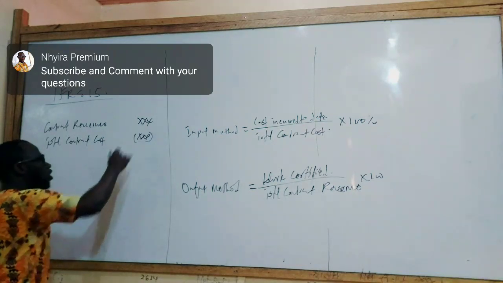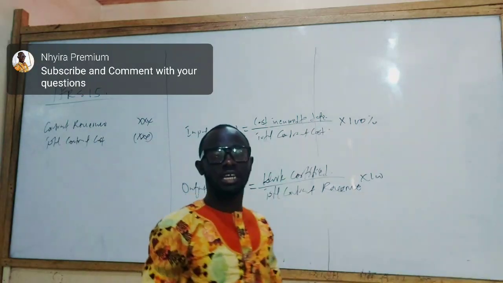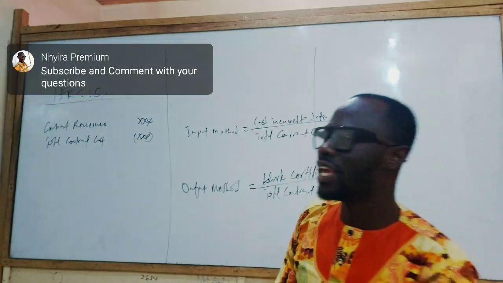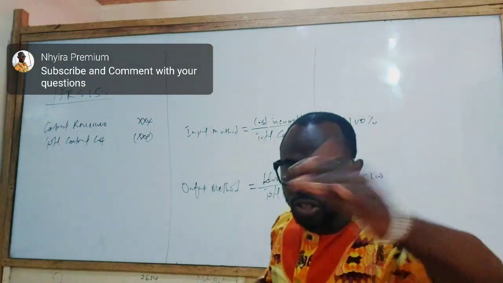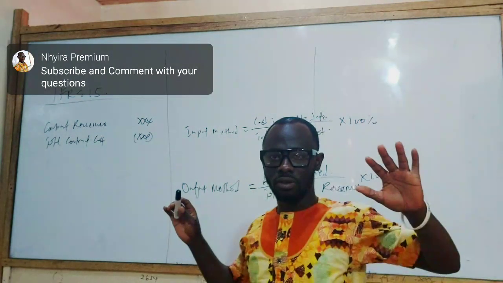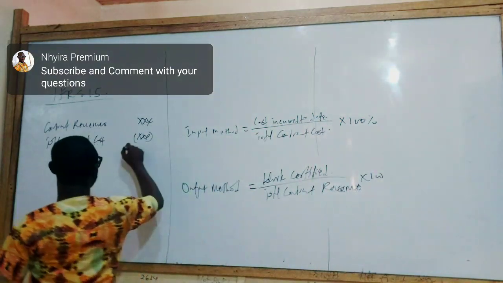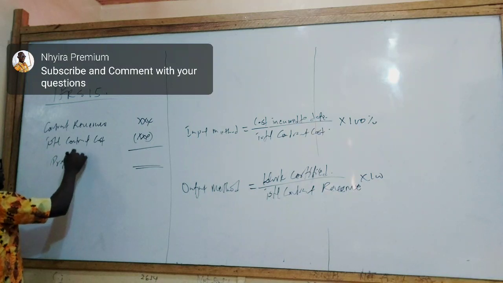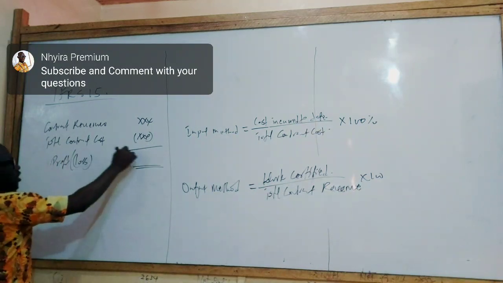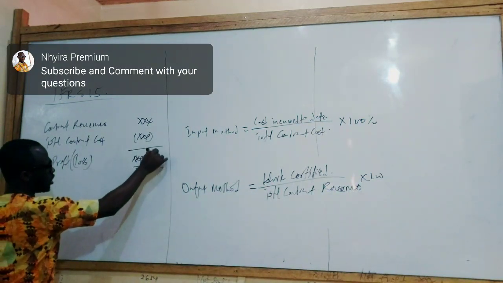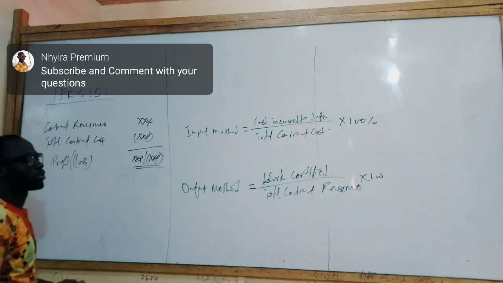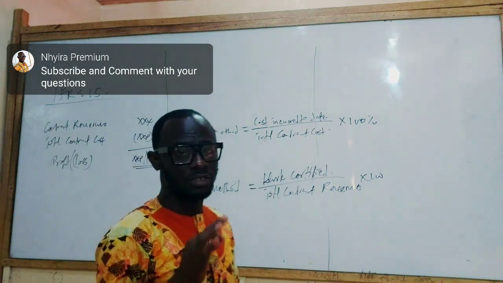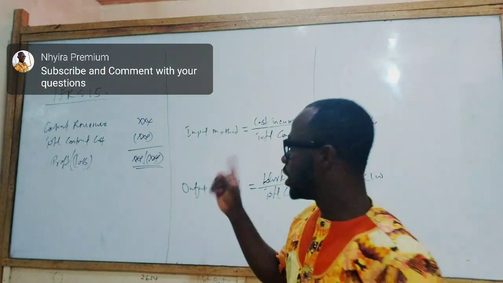Now, the total contract cost is the same as how much we are going to be incurring to finish what? The job. Okay? So the total contract cost. When we subtract that, this is going to give us either a profit or a loss. When it's positive, it's a profit. When it's negative, it is a loss.